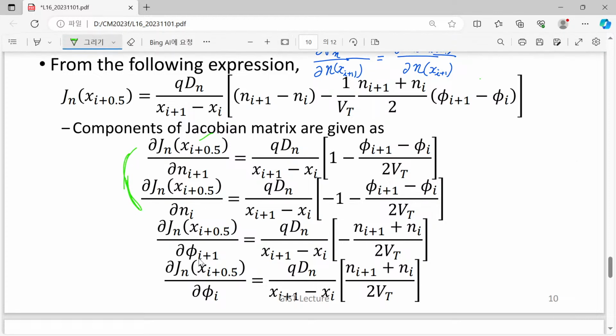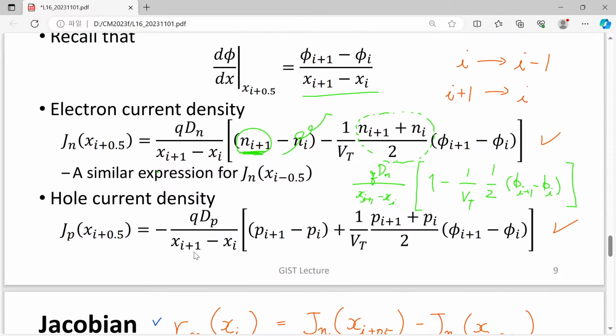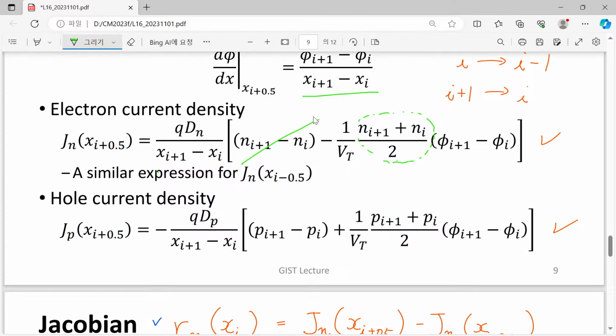And now let's go to the case of potential differentiation. Then this diffusion term doesn't have any kind of potential difference. So simply this term immediately goes away.